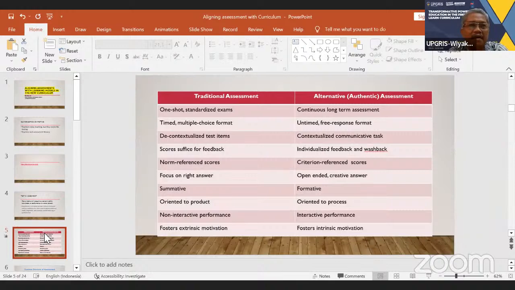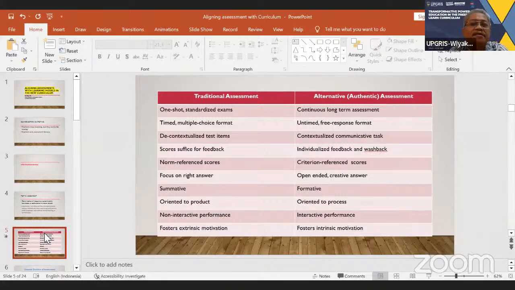Authentic or alternative assessment usually takes time, and it is not wise to keep it to a very limited time in terms of hours or minutes. So it can be accomplished within, let's say, 2 days or 1 week, or even more than that.